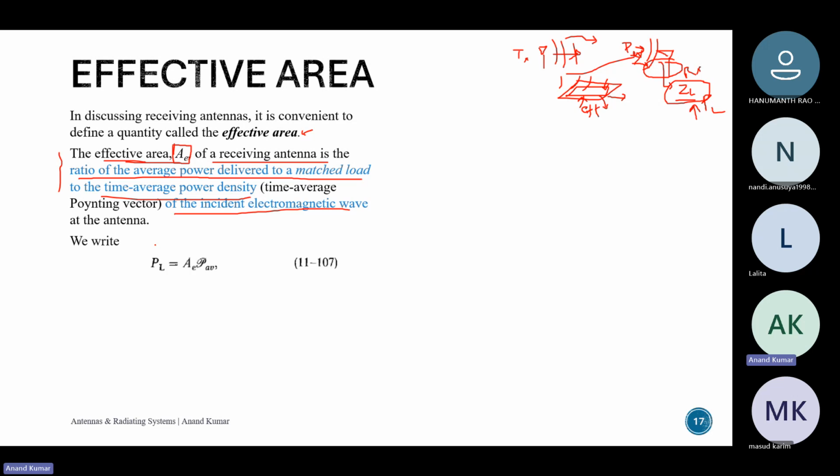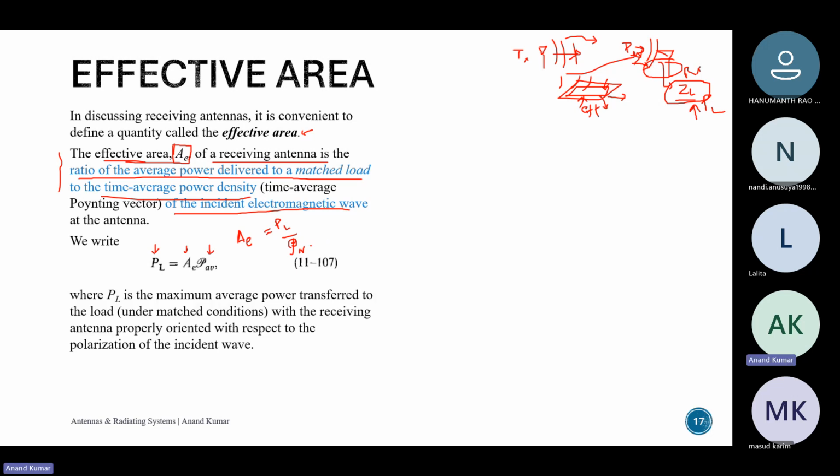So we can write the power which is delivered at the load and the average power density which is incident on the antenna, and this is your effective area. So your effective area is equal to the power which is delivered to the load divided by the fancy P, the average power density which is incident on the antenna.